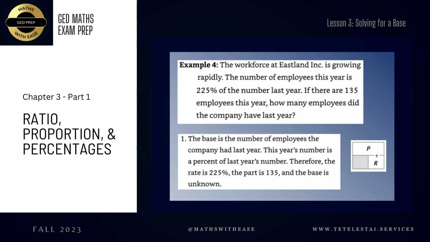So we have our part, which is 135. We have our rate, which is 225%. And we're looking for the base. So we're going to cover the base, and then write our equation as B equals P over R, or P divided by R, right? Our part is 135 and the rate is 225%.